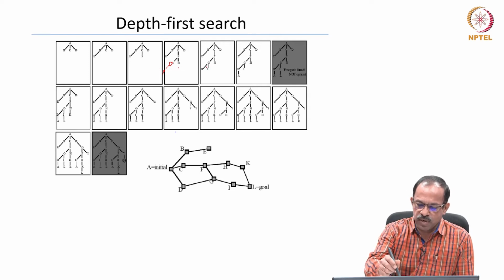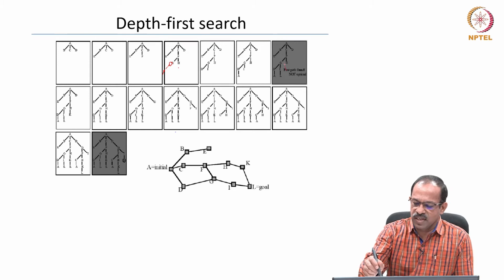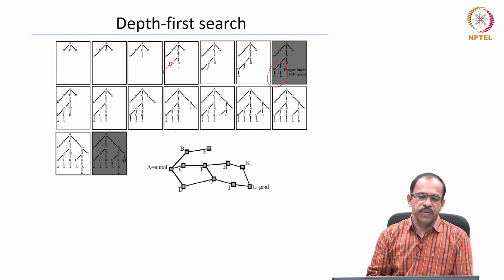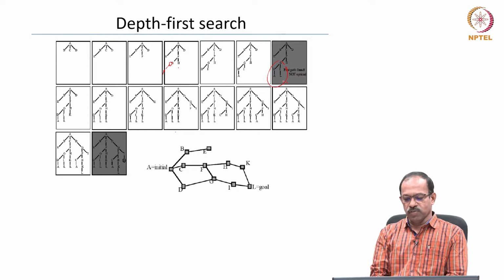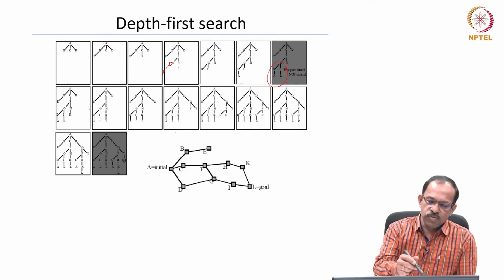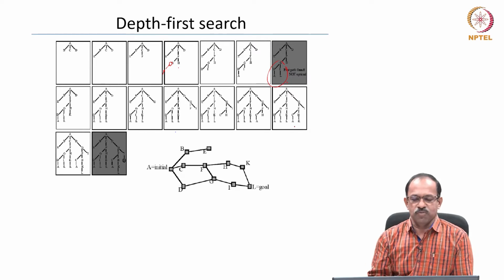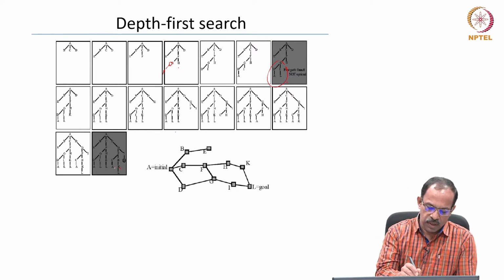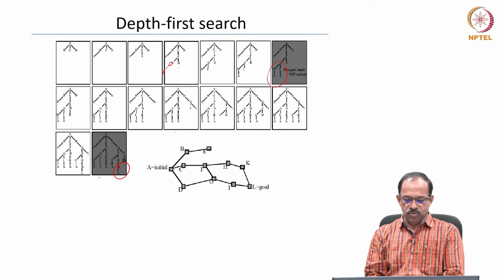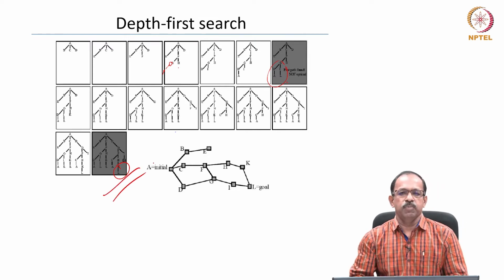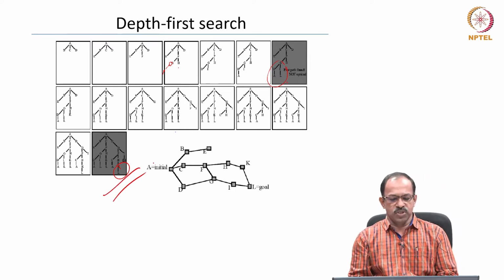Then it will try to expand the other one, and keep on doing this. As you can see here, first it will reach the goal node, but it will still continue with the other nodes, and keep on expanding till all the nodes are expanded and all the routes are identified. This is the way the depth first approach works.